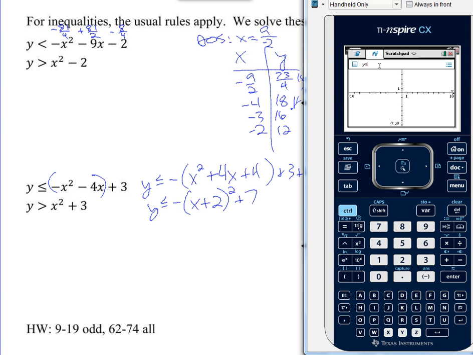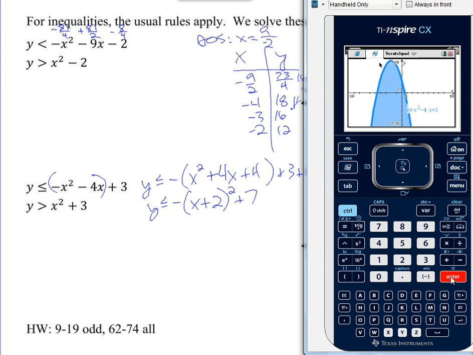Make sure that you're typing in the negative sign for negative signs and minus signs for minus signs. That is a negative x squared. So I type negative x squared. Minus 4x, so I'm using minus this time, 4x, and then the plus 3. Hit enter, and it gives you the graph, and it's shaded.